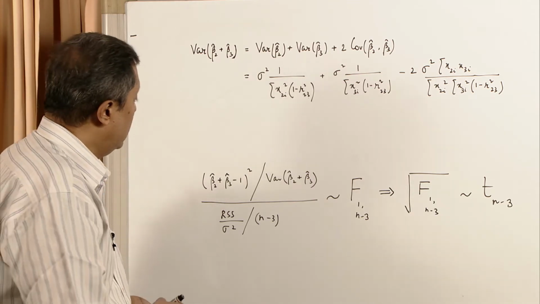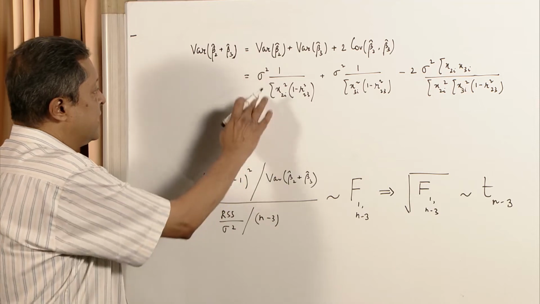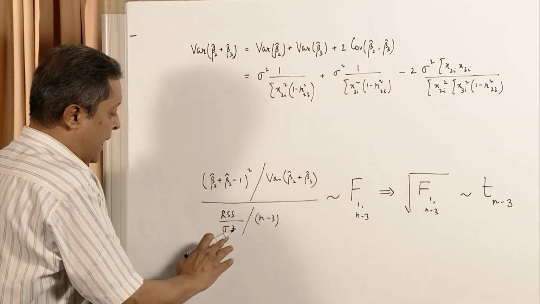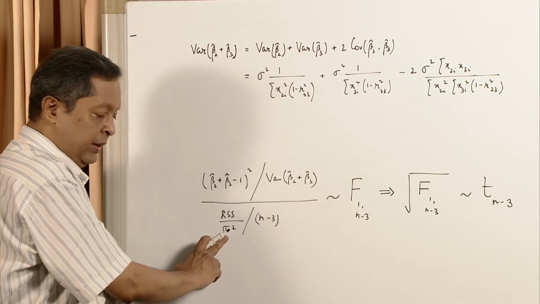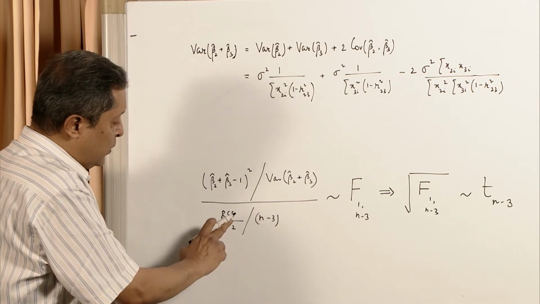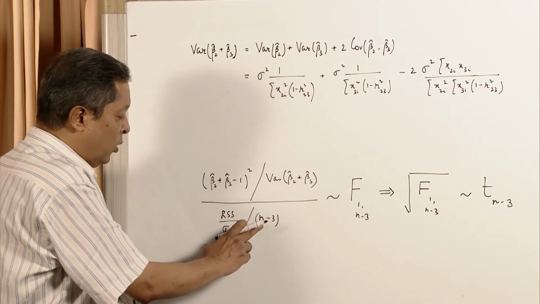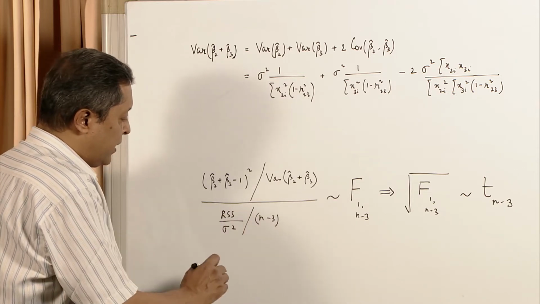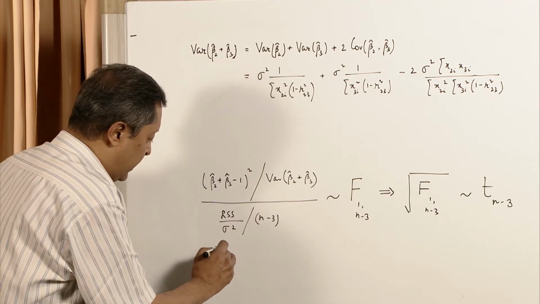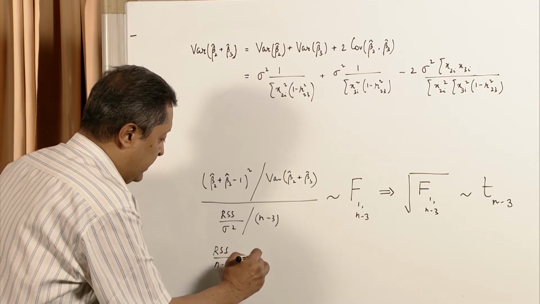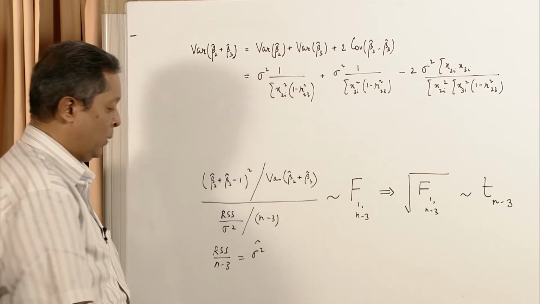So, we can safely cancel this sigma square from this variance expression and the sigma square in the denominator, and that leaves us with RSS by n minus 3. RSS by n minus 3 is nothing but the estimated value of sigma square.